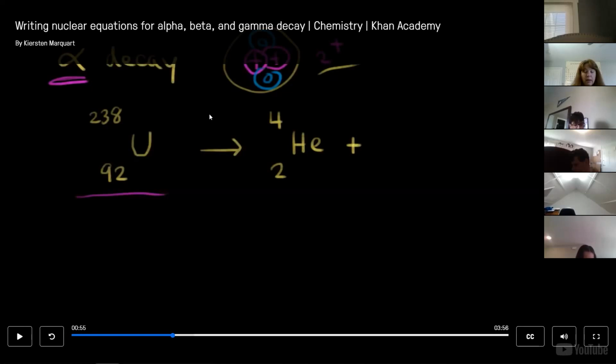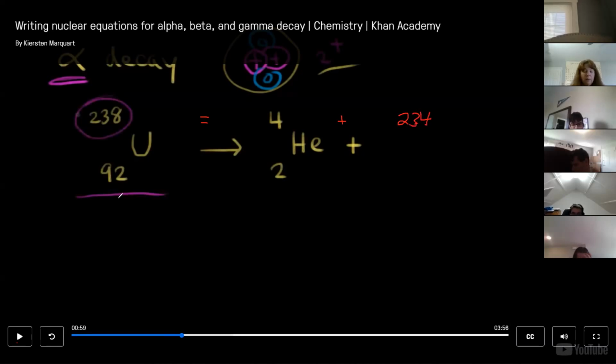We know from our nuclear equation that nucleons are conserved, right? So 238 has to equal 4 plus whatever number this is up here. So 238 minus 4 tells us that this top number is going to be 234.